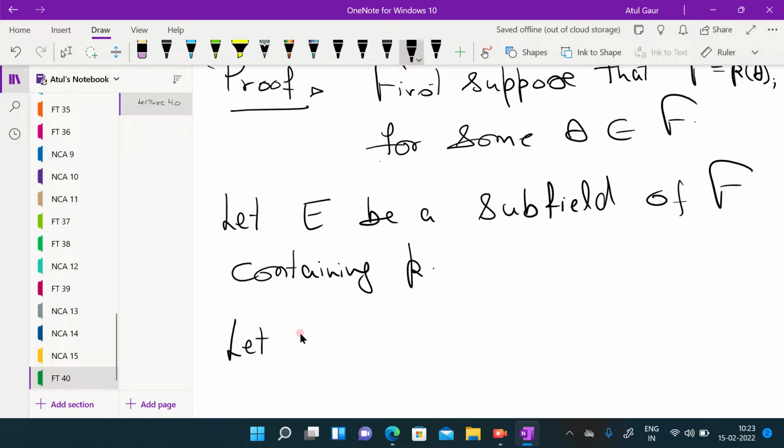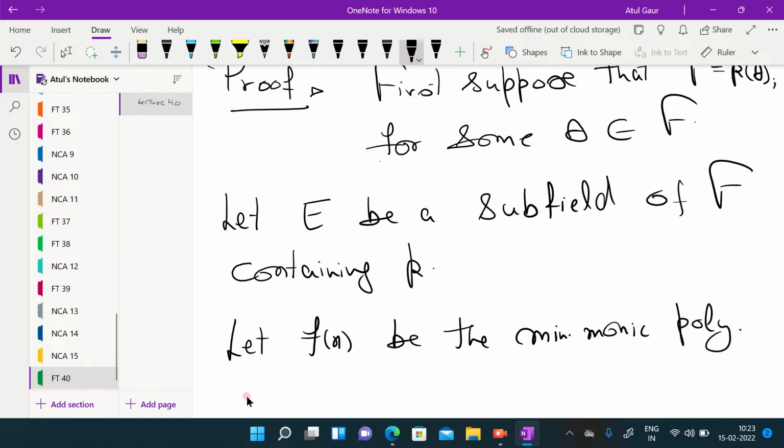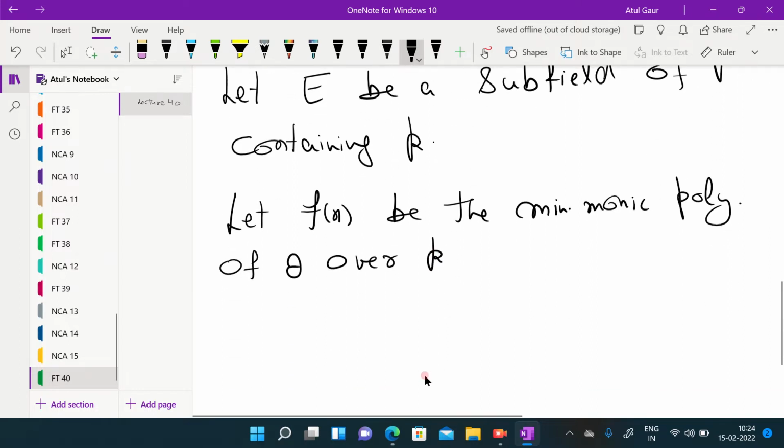So let's say f(x) be the MMP of theta over K, minimal monic polynomial. And g(x) be the MMP of theta over E.